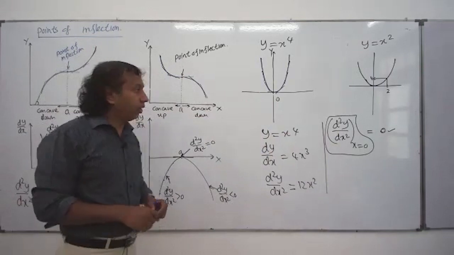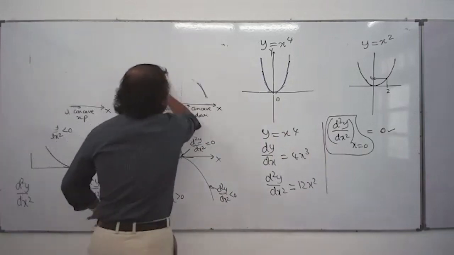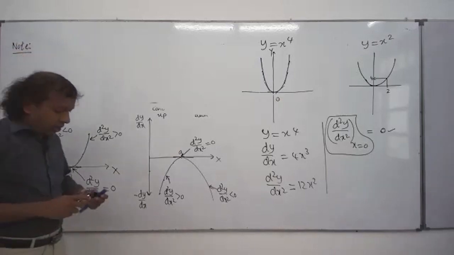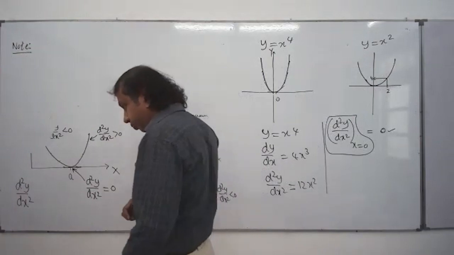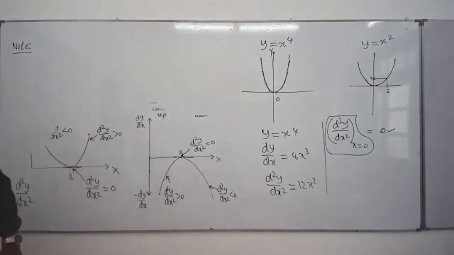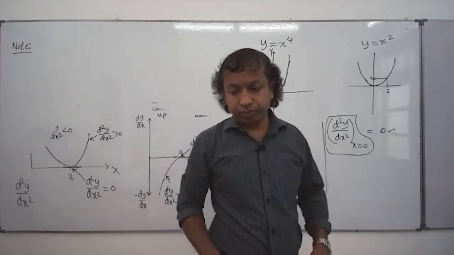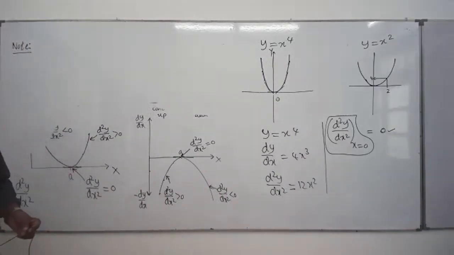Understood, people? Write down that as a note. At a point of inflection, the second derivative is 0. But the converse is not true.